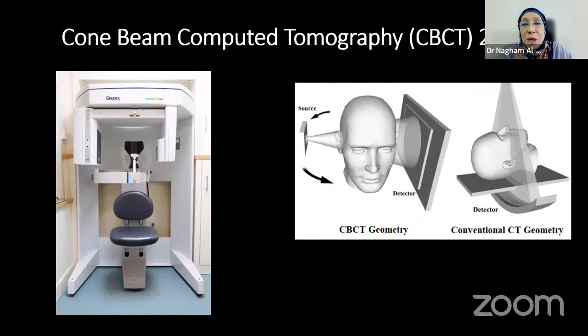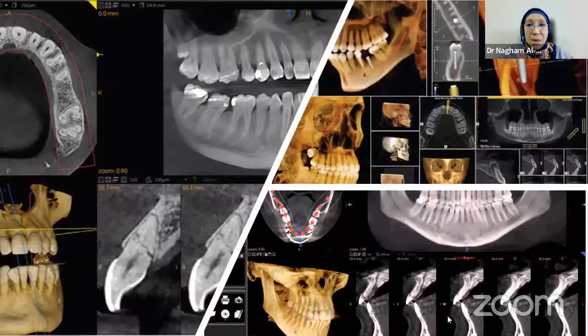Then came the cone beam computed tomography, CBCT. And the first machine that was released for use was in 2001, although the development started in the late 90s. Now, where are the pretty pictures that were mentioned in the title? We said that we were having pretty pictures.